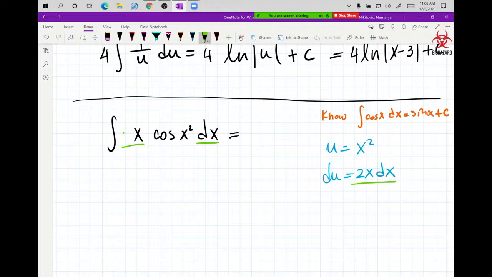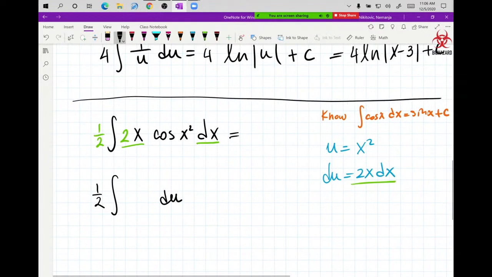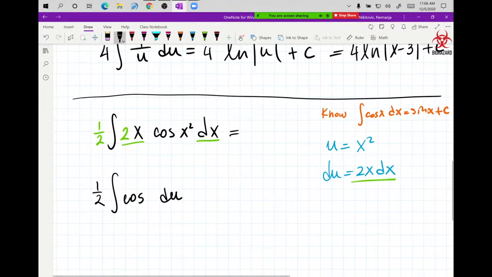You can literally just put 2 and 1/2 in front to balance it out, and you just fixed your problem. So now when you do your substitution, 2x dx is just du, and you have cosine of u in there.